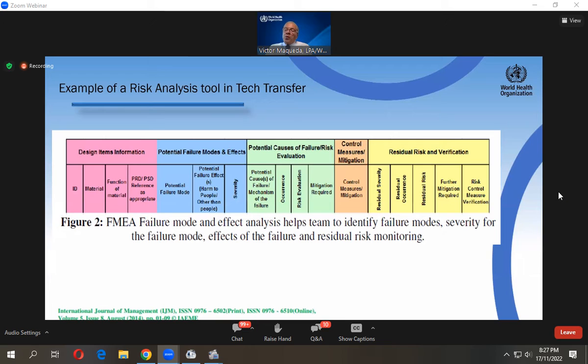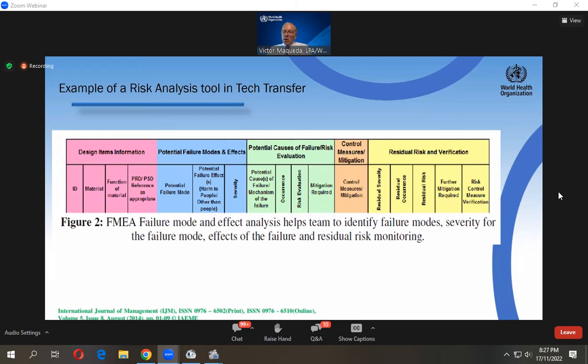So actually, when you perform this exercise, in theory, you would propose a mitigation measure to bring down a certain aspect from high risk to a medium risk. However, then you need to implement the measure eventually, and then you need to verify the efficacy of that measure.